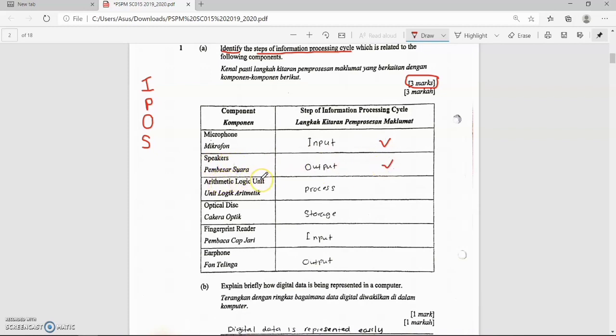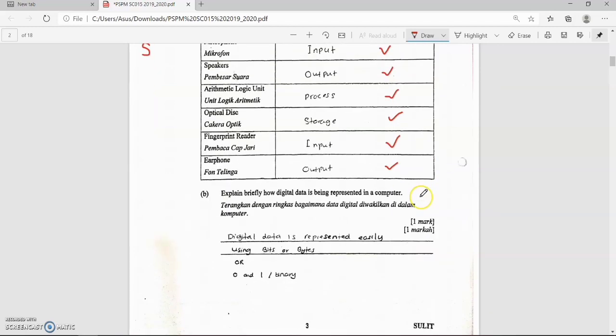Arithmetic logic unit is a component of processor, so it's under process. Optical disk to save data, so use storage. Fingerprint reader, this one is scan, so this one input. Earphone is an output device, so the answer is output. Okay, B.